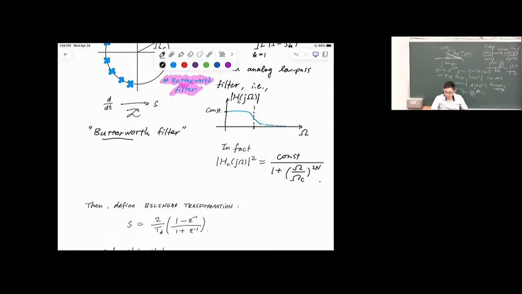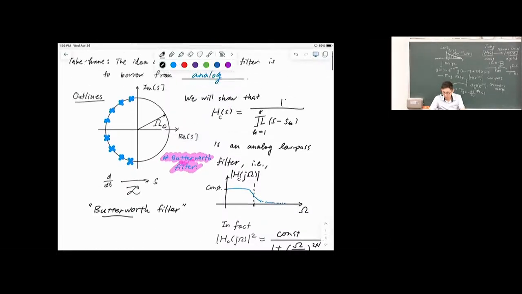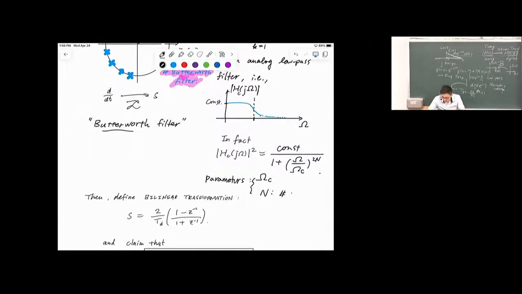Here we have a few parameters. Forget about digital design for now and focus on this analog response. This magnitude response is parameterized by two things: omega c and n. And n is simply how many poles we have, or the number of pieces of pizza we are cutting, the number of poles around that circle.